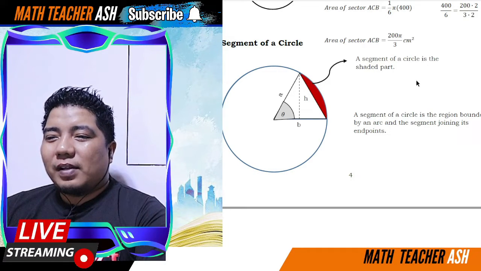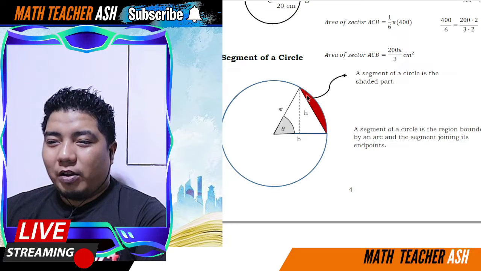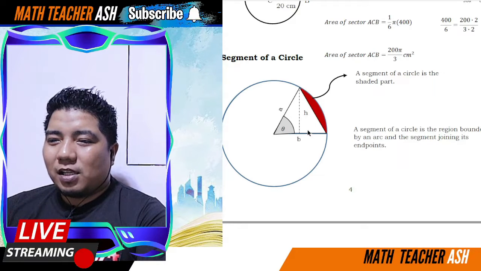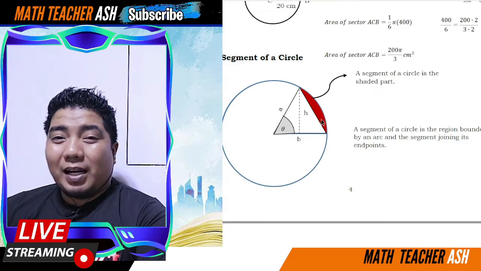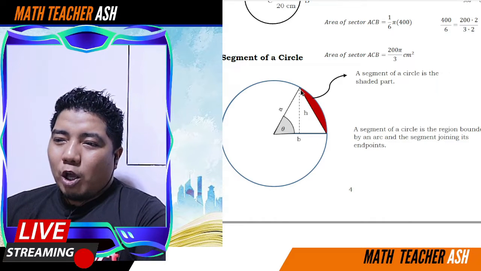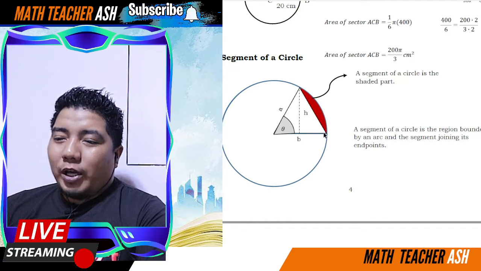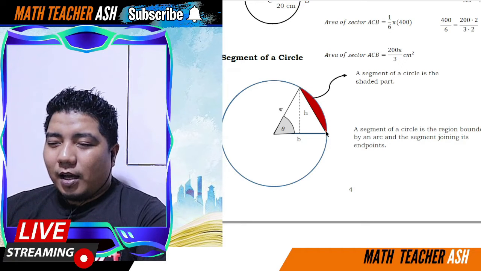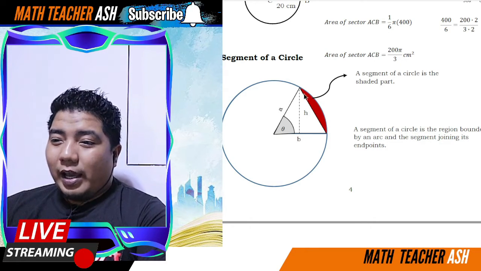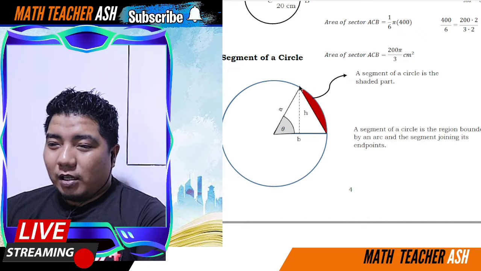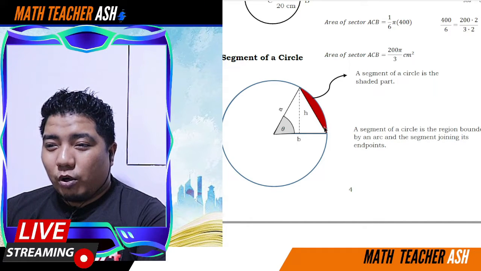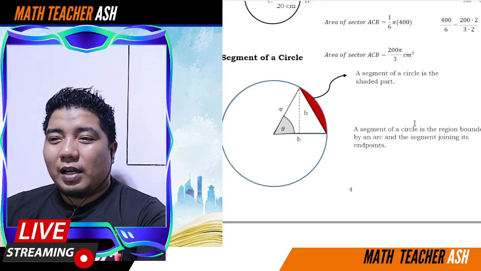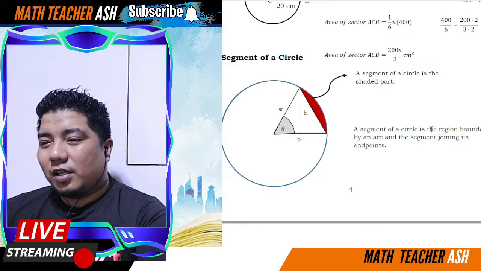Now, ang segment of a circle naman is this one. So, technically, para siyang sector area, pero part lang siya ng sector area na kung saan yung endpoints ng central angle ay gumawa tayo ng isang chord. And the shaded part or the intercepted arc from that chord, yun yung tinatawag natin na segment of a circle.